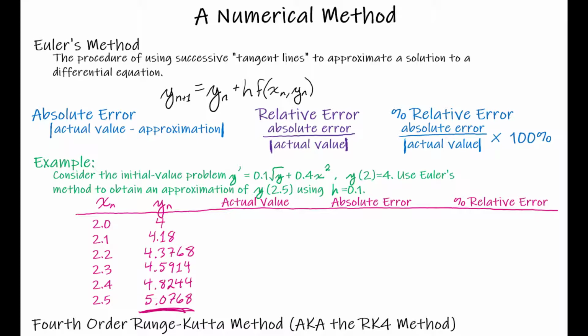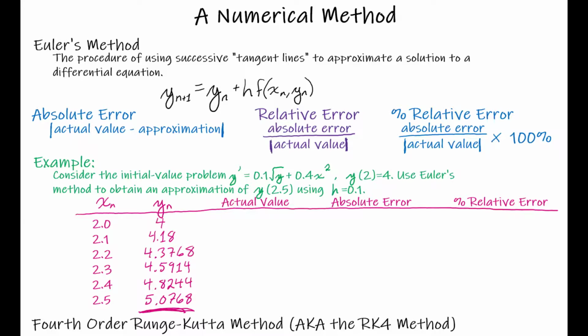If we divided that by the absolute value of the actual value and multiplied by 100%, we would have the percent relative error. It's very common when we use a numerical technique to investigate the error involved when we can determine actual values. However, there will be times when we can't determine actual values, so we can't investigate the error.